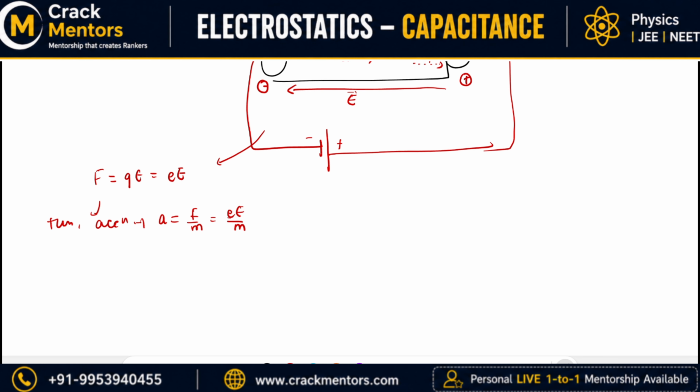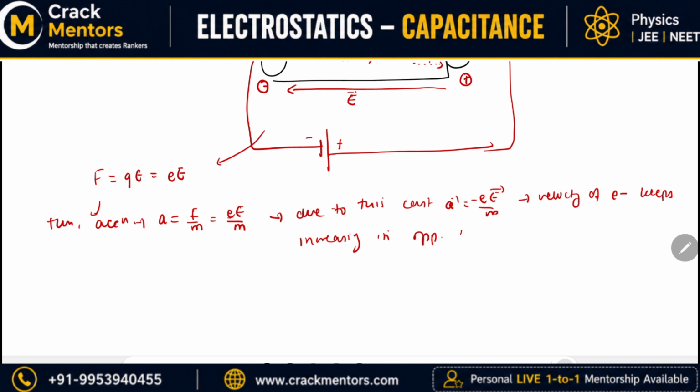Okay. Now, what will happen here? Due to this constant acceleration of eE by m with a negative sign because it is in the opposite direction, the velocity of the electron keeps increasing in the opposite direction of the electric field.